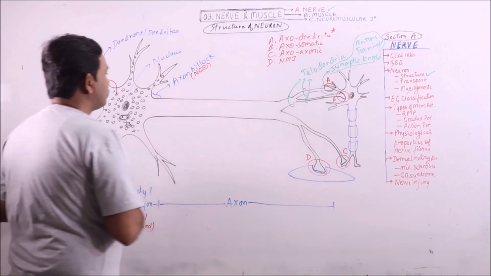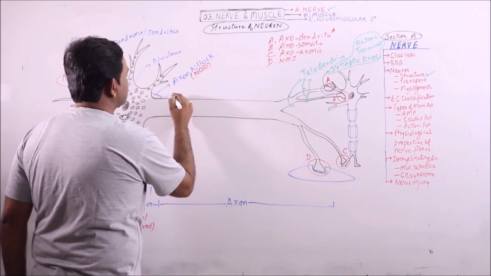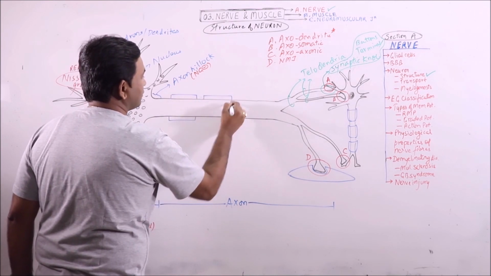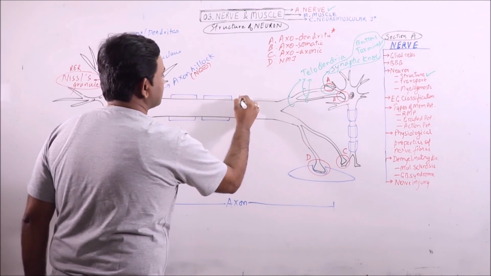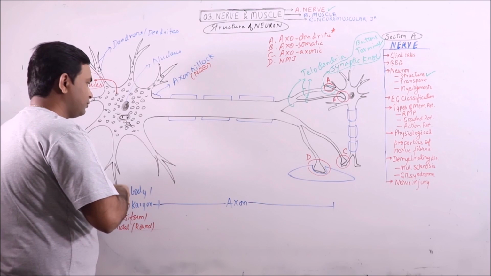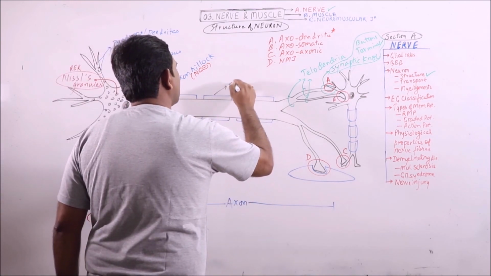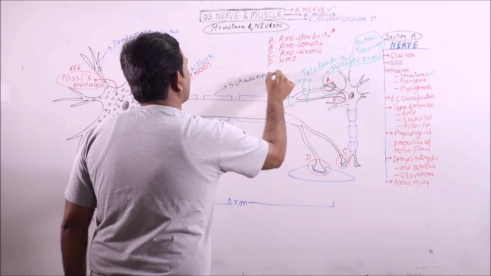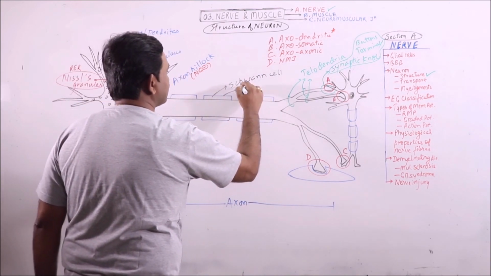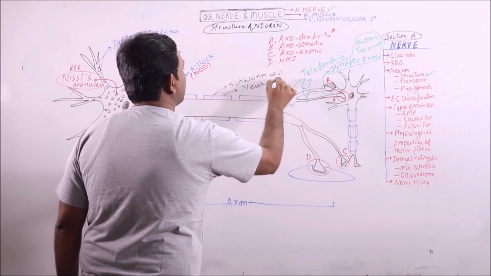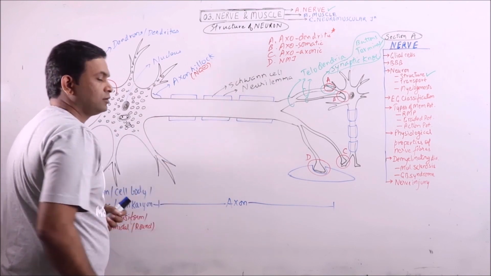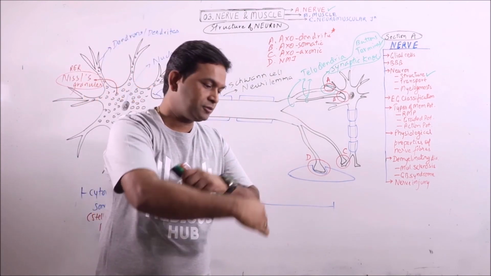Now the axon is covered over by Schwann cells in PNS. So this is Schwann cell. The plasma membrane of Schwann cell is neurilemma. Schwann cell wraps the axon just like crepe bandage.